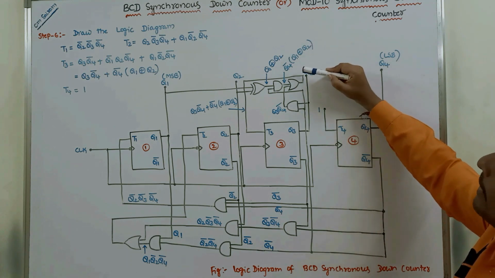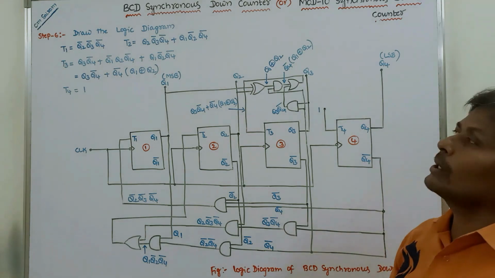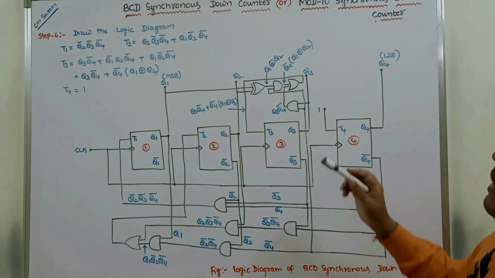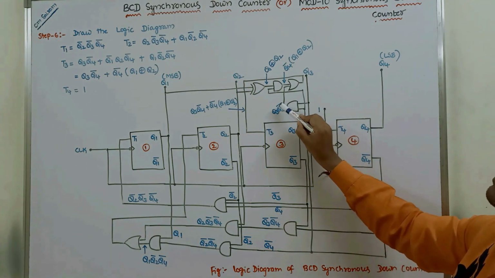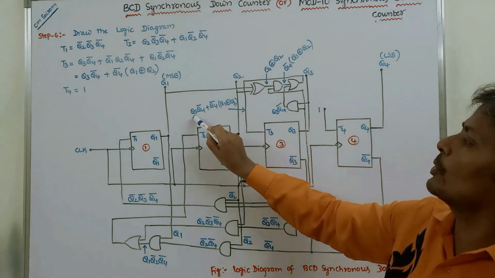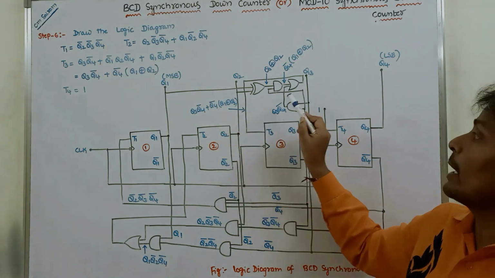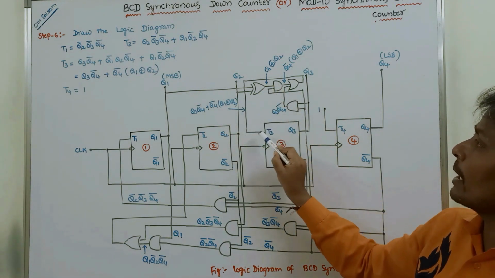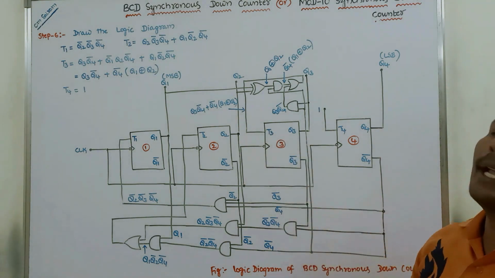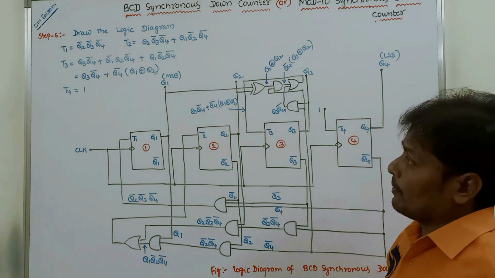Next, this output can be passed to a two input OR gate as one input, and the other input is Q3 and Q4 bar. Finally, the output is Q3 into Q4 bar plus Q4 bar into Q1 exclusive OR Q2, which is passed to the T3 input.